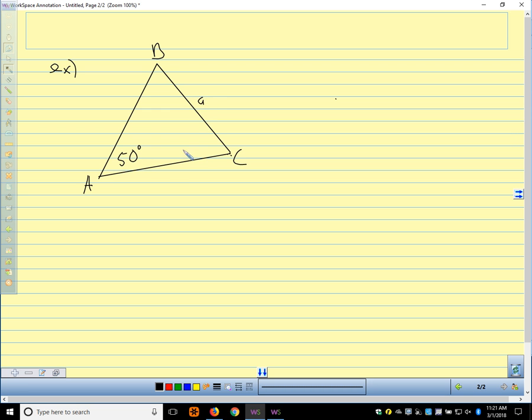This is side A. Side B is 14, and side C is 8. And we want to find A. Now, here we have a side angle side triangle, so we use law of cosines.